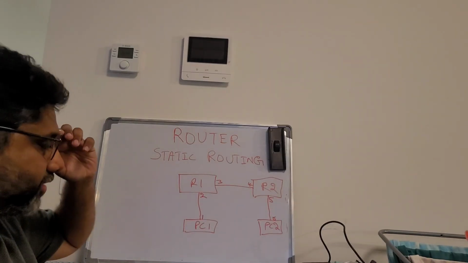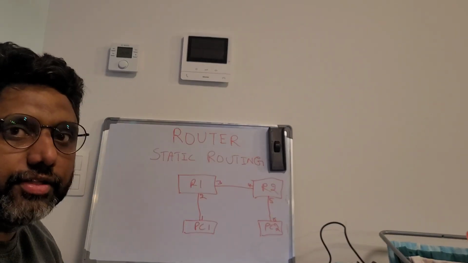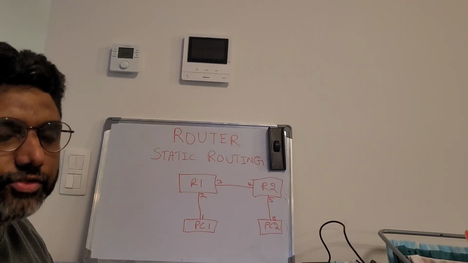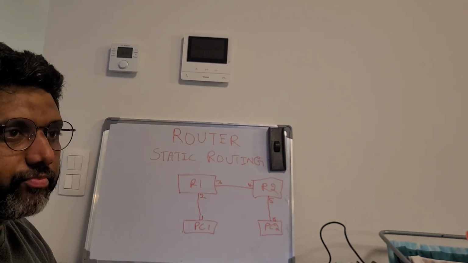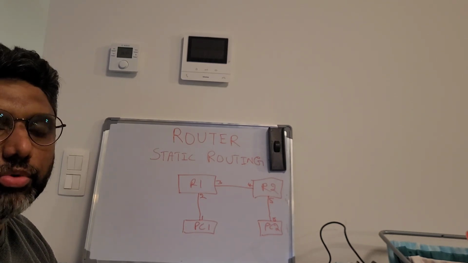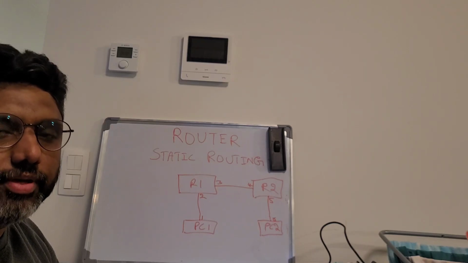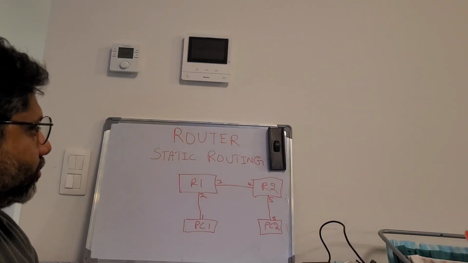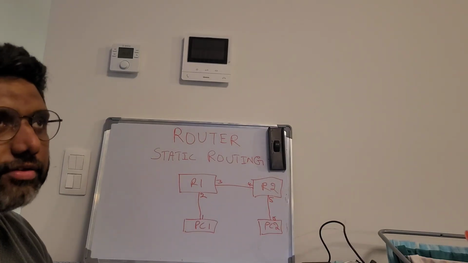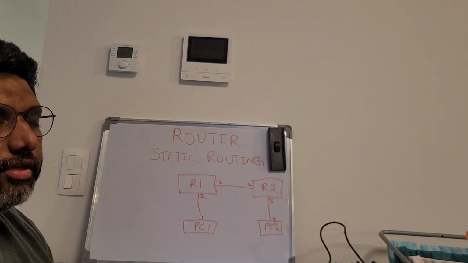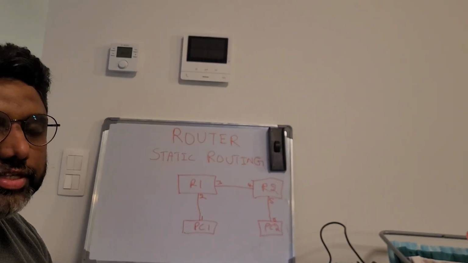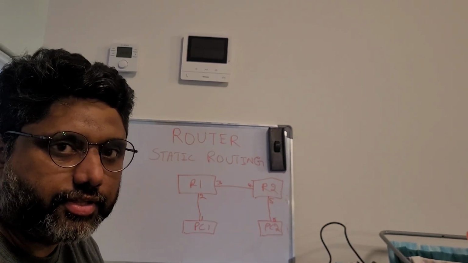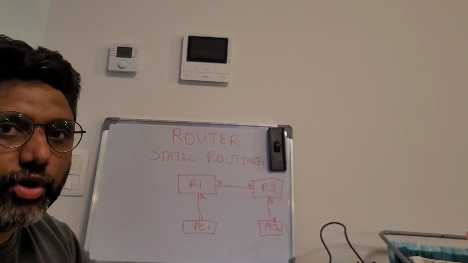Static routing is where we define the routing entries manually in the router, instead of running dynamic routing protocols like OSPF, RIP, ISIS, etc. There are different routing protocols, and these three, OSPF, RIP, and ISIS, are majorly used in enterprise and core networks for exchanging the routing information.